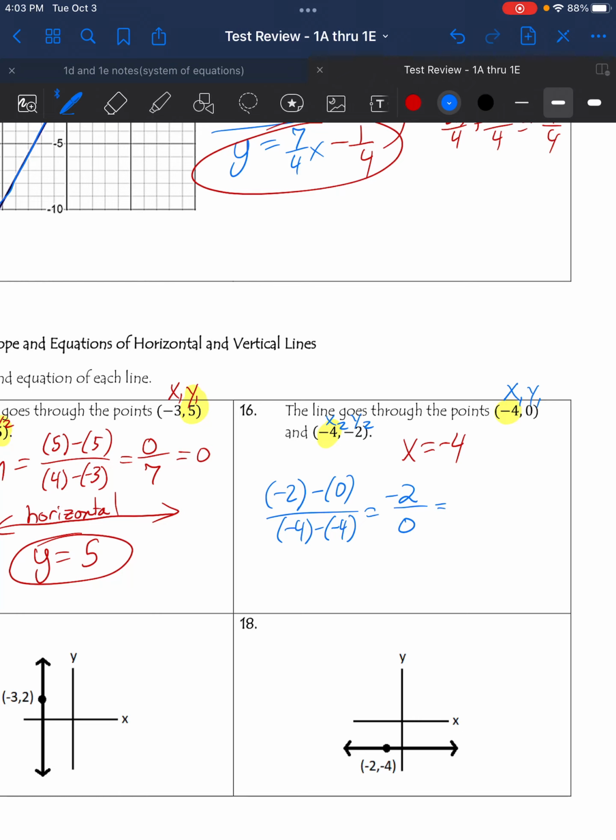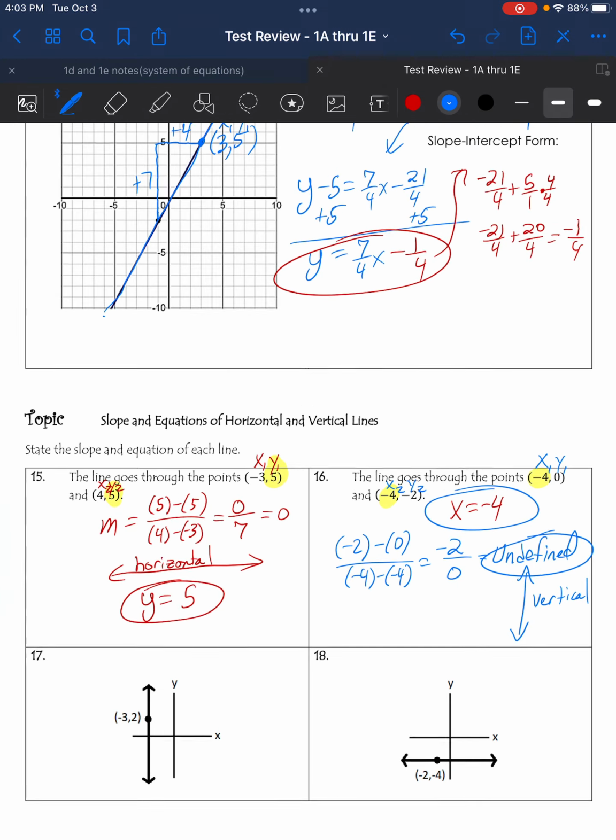You cannot divide by 0 ever in math. So that would be undefined, meaning we cannot find it. We can't define a number. There's no number that makes sense for that. So it's undefined slope, and it's a vertical line. So here's your equation, here's the slope.